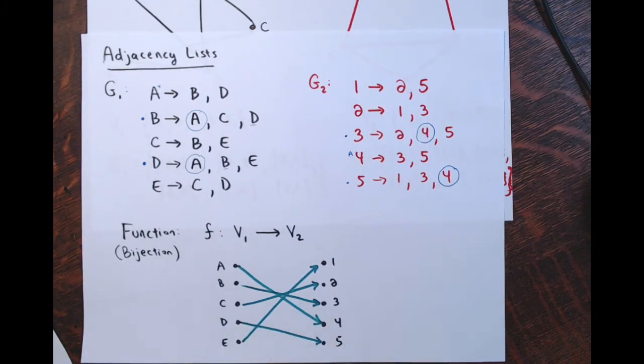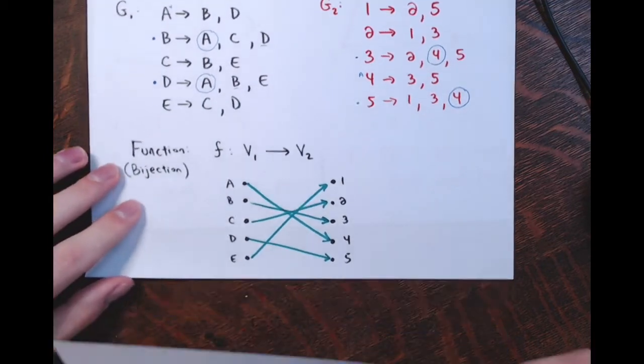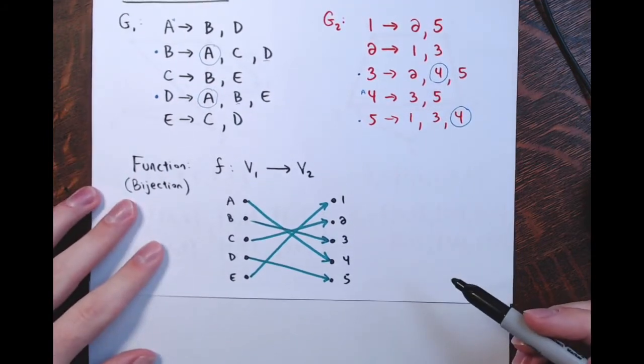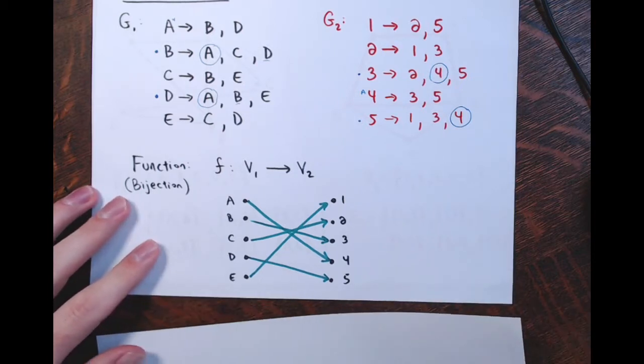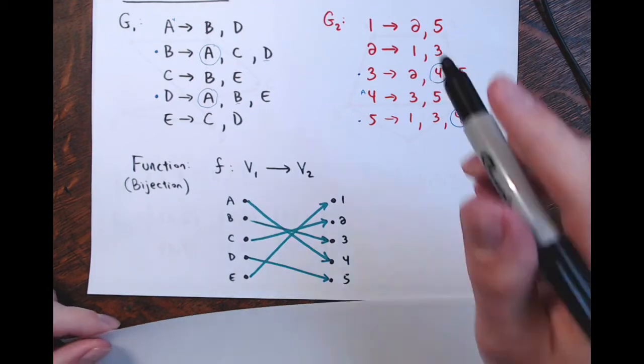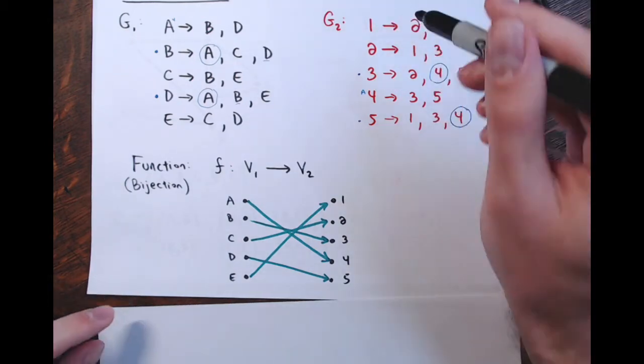So watch, right? I can reorder the adjacency lists if I have these mappings. So let's do this. I'll just make the replacements over here.